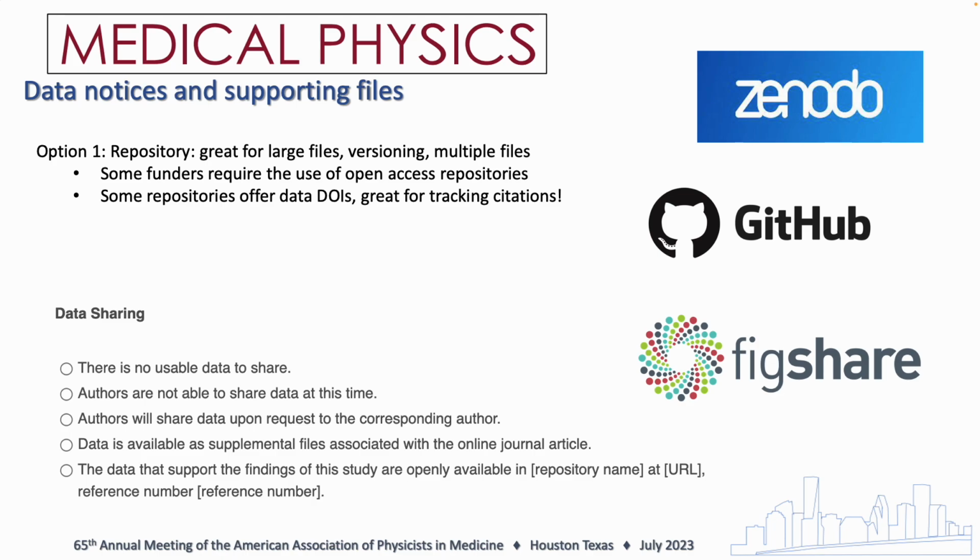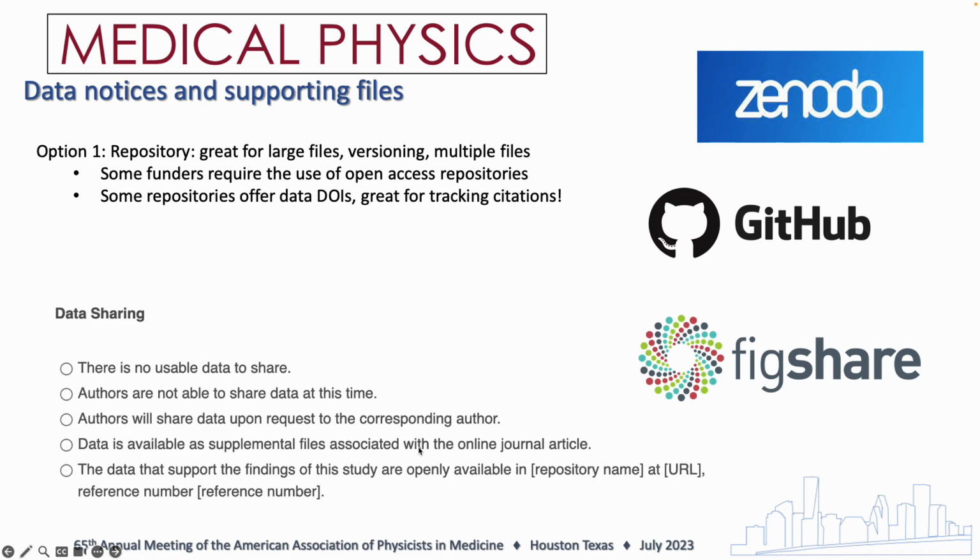At the bottom, we have an example of the question asked during the submission process of what type of data you have. No data to share. The authors are unable to share data at this time. The authors will share data upon request. So this means that a reader will have to email the corresponding author in order to gain access to the data. The data is available as supplemental files associated with the online article.